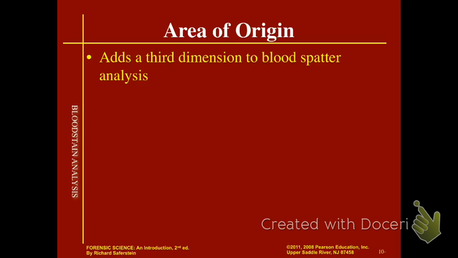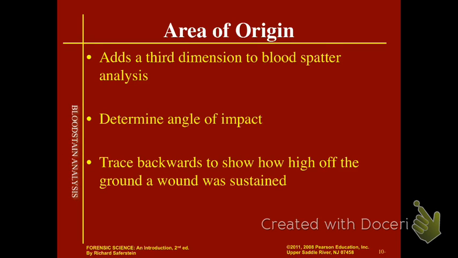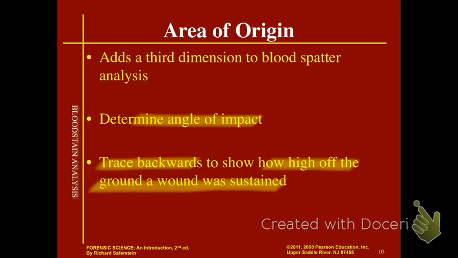Area of origin adds a 3rd dimension to blood spatter analysis. What we're looking at here is determining the angle of impact. Once you do that, you can use string to create a 3-dimensional model, trace that backwards to show how high off the ground a wound was sustained.